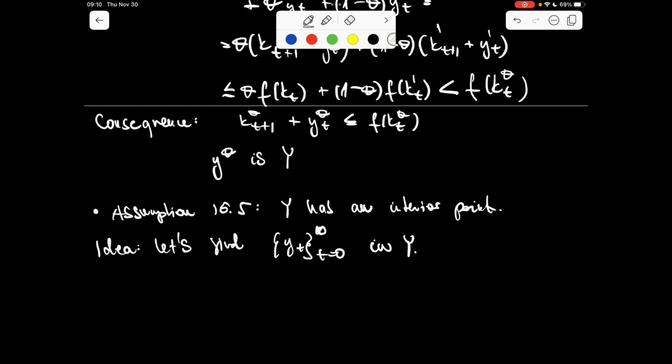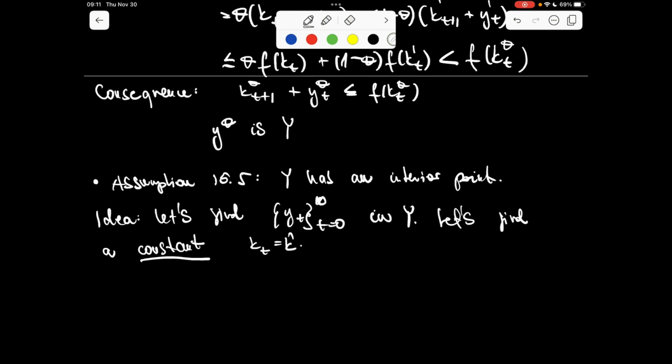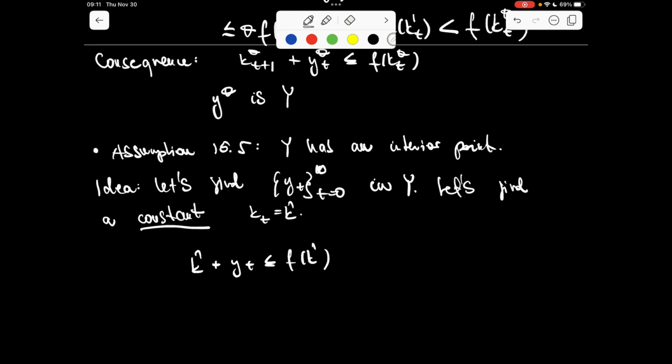So let's find a constant, an appropriate constant capital path. It means that it is in the production set if it satisfies this inequality, which means that for all t, this inequality must hold.